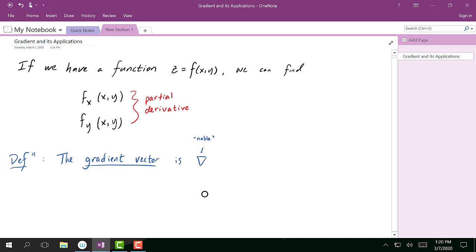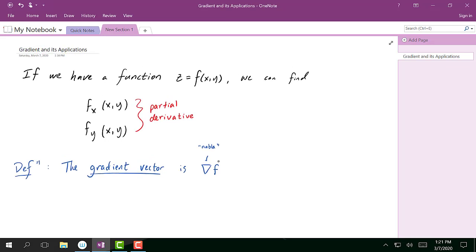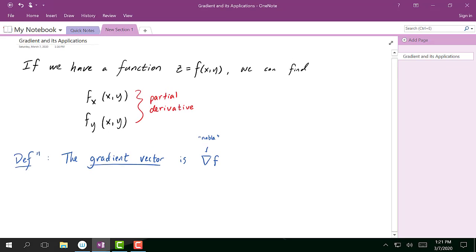It's not commonly called that, but just so you know, we just say nabla, or more commonly the gradient of f. And the way we define that is we have a vector whose first component, actually let me backtrack just a second. I want to evaluate this gradient vector at a specific point, x naught, y naught.